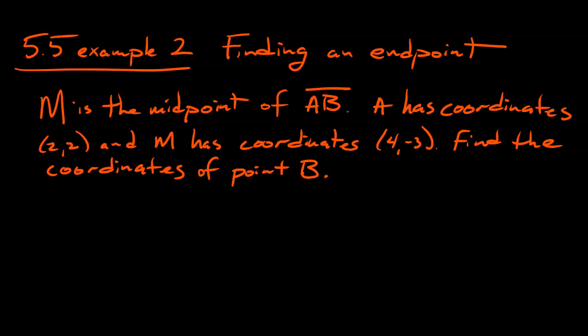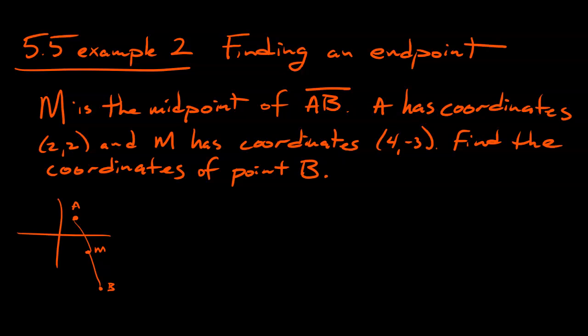Okay. So, if I want to make a little sketch, just to help myself picture this, 2, 2 is right here. This is point A. The midpoint is the point 4, negative 3. That tells me that B should be down there, because M is the middle, and B would be exactly the same distance away, farther.